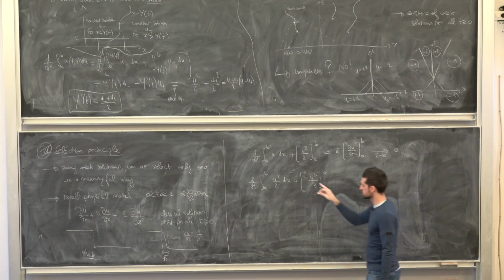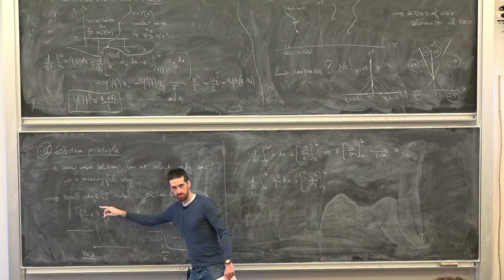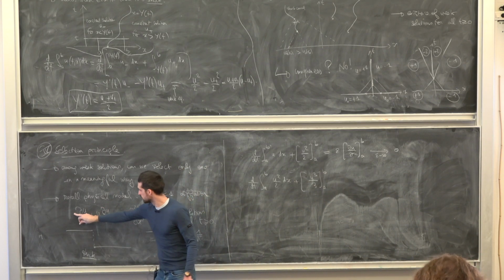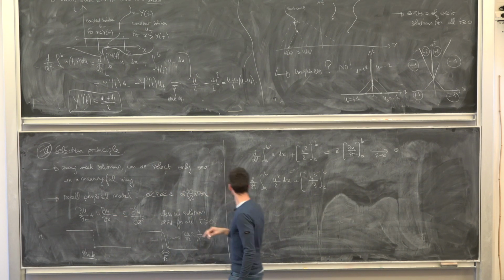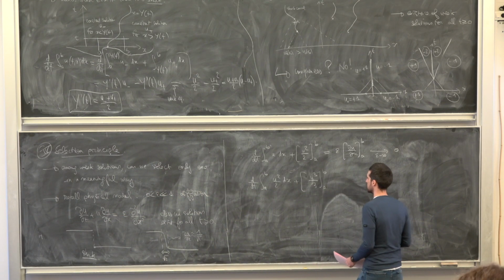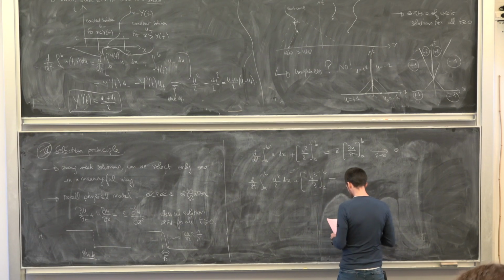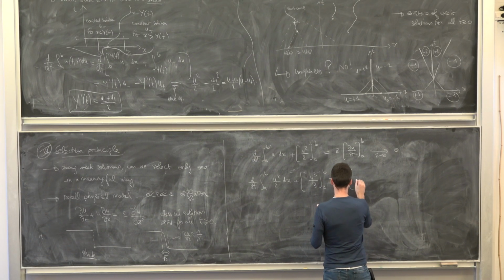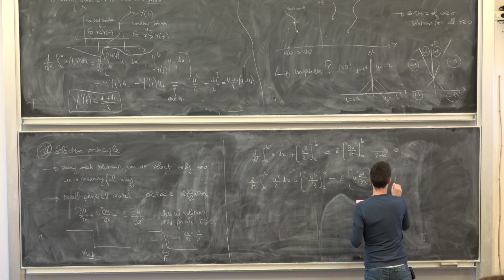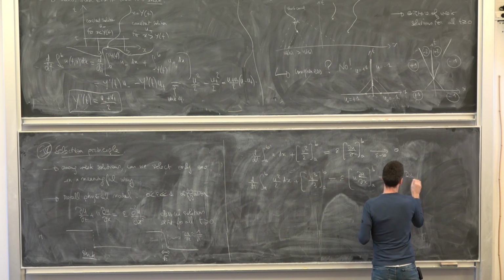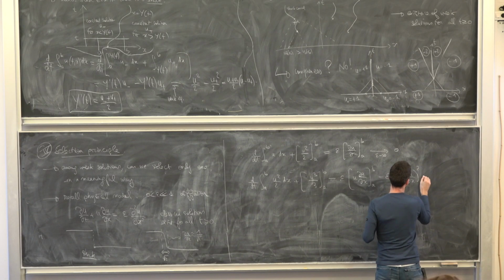This is what comes from this term, because with u times du/dt you're going to have u squared times du/dx, which is exactly d/dx of u cubed over 3. And on the other side you're going to have something that is going to 0 and something else.